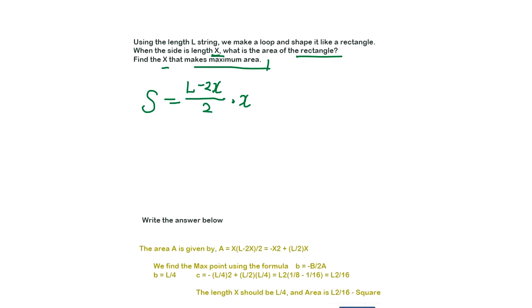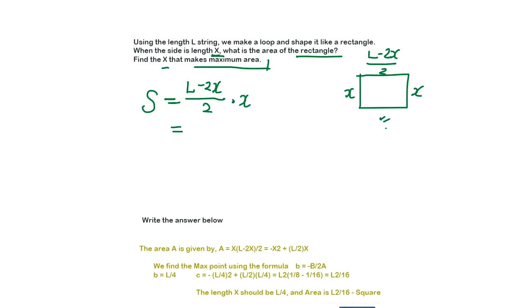Is that right? So you have X, and this is going to be (L minus 2X) over 2. This side is the same.